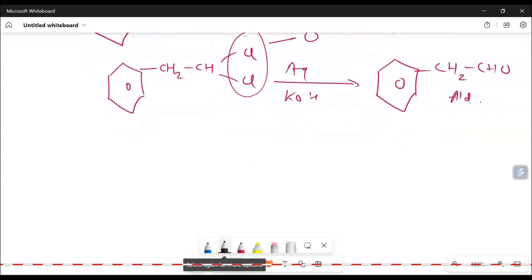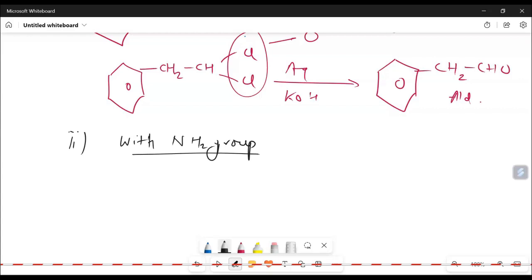The second reaction of substitution is with NH2 group. In this reaction, with the NH2 group, what we have to do is take 2 moles of chlorobenzene, which reacts with 2 moles of NH3.